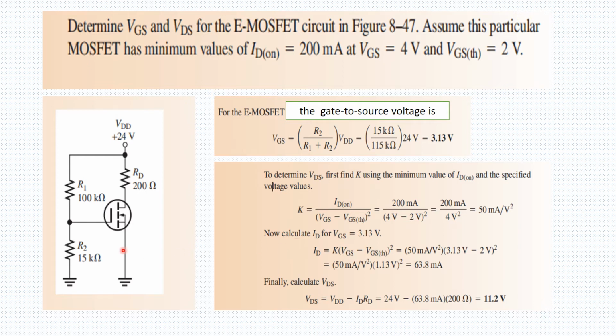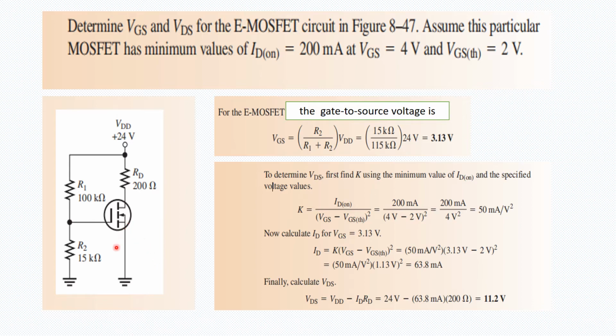Now we calculate the drain current for the calculated VGS of 3.13 volts. After substituting the values in the relation, you obtain a current of 63.8 milliamperes.